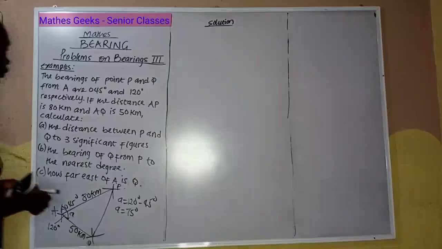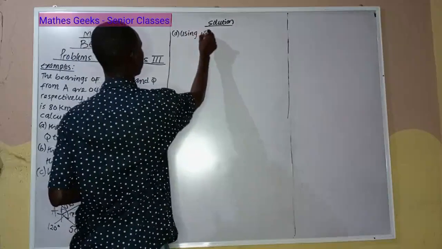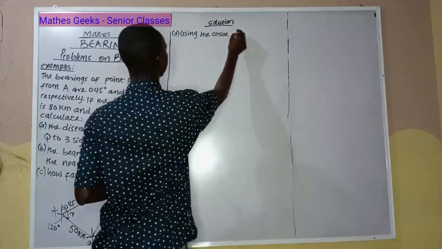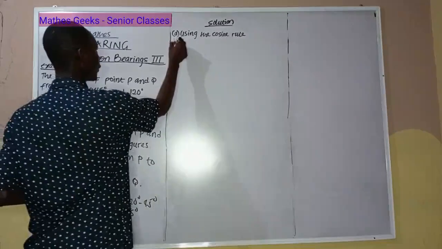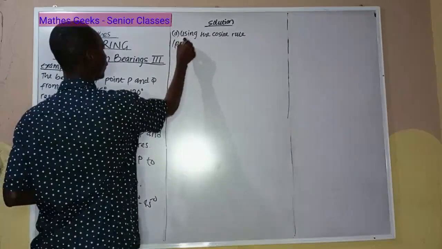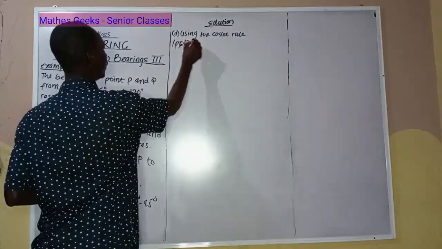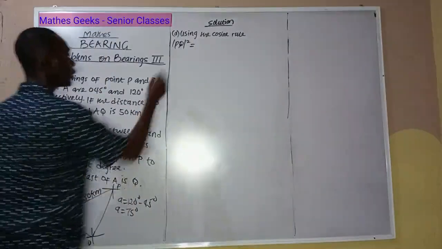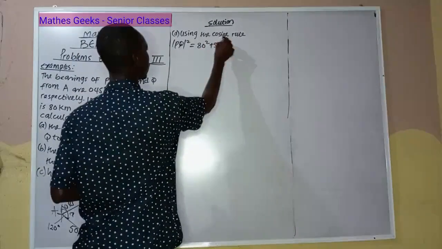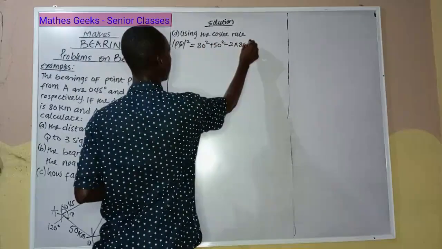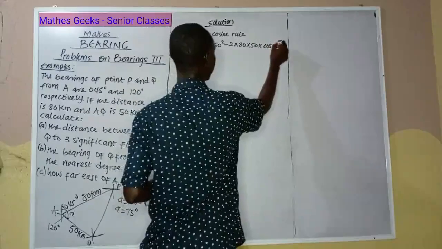So using the cosine rule, PQ squared is equal to 80 squared plus 50 squared minus 2 times 80 times 50 times cos 75 degrees.